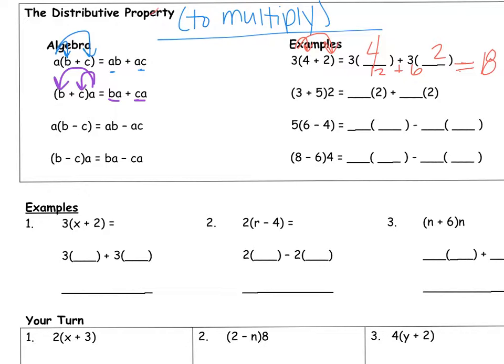So again, if we look directly over at our numeric example, we're going to do 2 times 3, and we're going to do 2 times 5. 3 times 2 is 6. 5 times 2 is 10. When we add those together, we get 16.